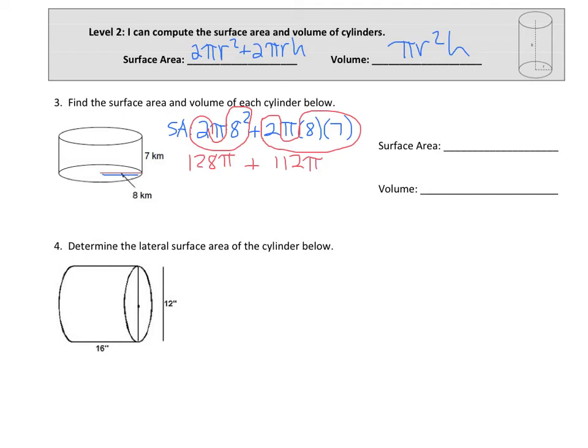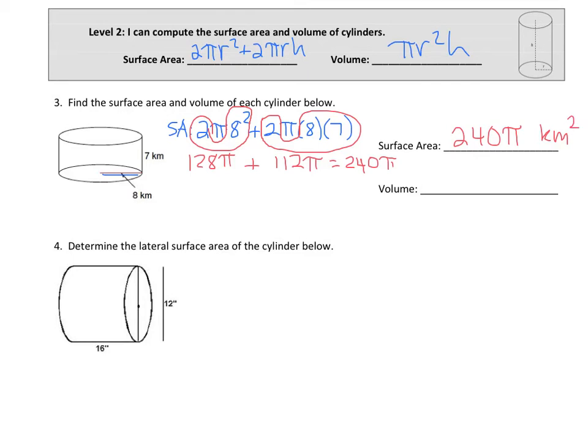And then since both of these have pi in them, I can add them together like when I combine like terms, and I get 240 pi. So the surface area in exact form is 240 pi. And this is in kilometers, so surface area is always square units, square kilometers.